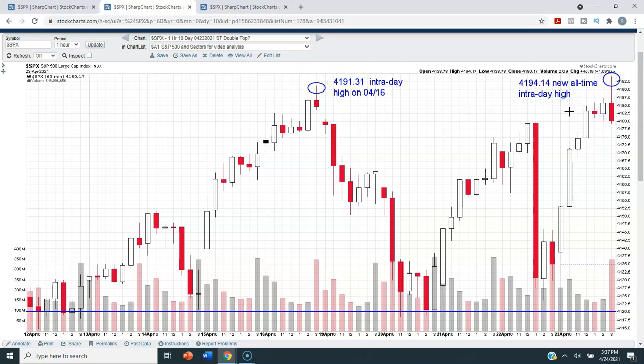So the question in my mind is, does this last hour of trading on Friday the 23rd set us up for some type of a pullback early next week, like we had here after having a very similar pattern in the last hour of trading on the 16th? Only time will tell, but it's at least worth being aware of the fact that we have a very, very similar situation here after hitting new intraday all-time highs late in the day on 2 Fridays in a row.